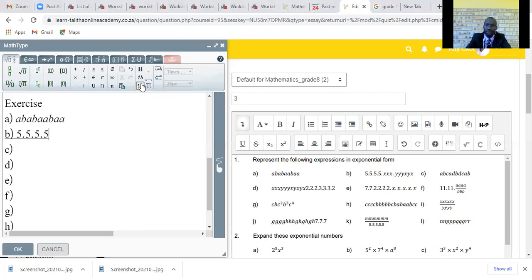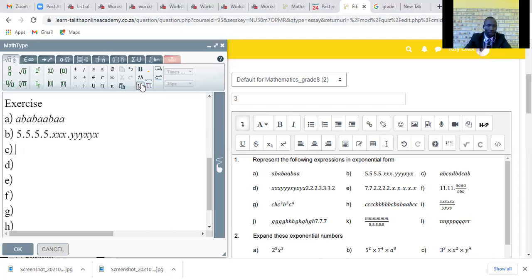Then we have x times x times x times y, y, y, x, y, x. Now, this is part B. How do we get to that? All right, we will be coming shortly to it.